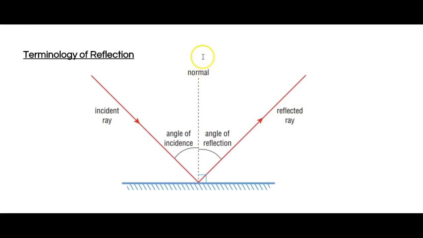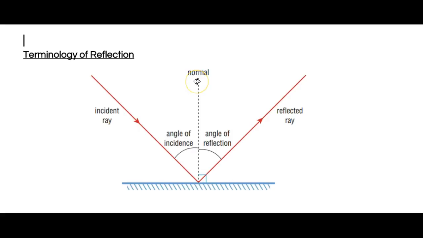The normal line is a line that you draw perpendicular to the surface of that mirror. So if this is where the incident ray is hitting the surface of the mirror, then the normal is drawn perpendicular to that plane. You can see that there's a right angle symbol here indicating that this is perpendicular, or at a 90-degree angle.